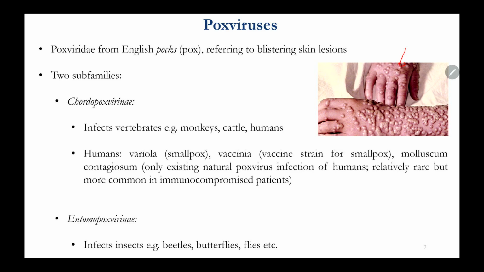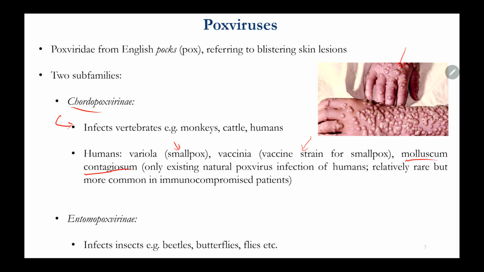There are two subfamilies. There's Chordopoxvirinae, which infects vertebrates, so things like monkeys, cattle, humans. And in humans, you get variola virus, which is the smallpox virus, vaccinia virus, which is the vaccine strain that's used for smallpox, and another virus called molluscum contagiosum.